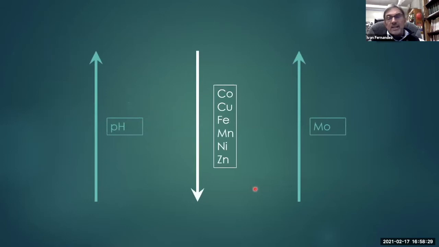Micronutrients are needed in really small quantities. Here are some of them. They're all metals: cobalt, copper, iron, manganese, nickel, zinc. And they're all metals that sort of behave like aluminum and iron. All of them have the same chemistry in different ranges, and that's why as pH goes up, remember aluminum deactivates as we get above pH 5.5, these deactivate.